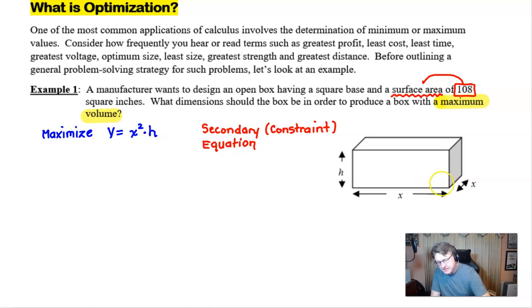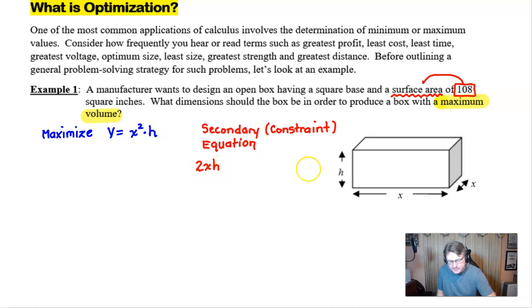Well, that would just be the amount of space that's going to comprise all sides. And you have to think, how many sides does this box have? 5. Remember, there's no top. So we think about the front of the box being a dimension x by h. We use our common sense to realize that there's 2 of those, one in the back and one in the front.